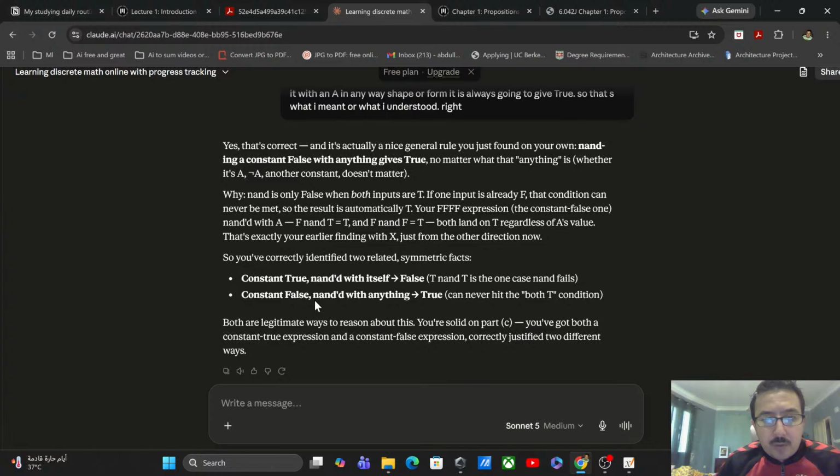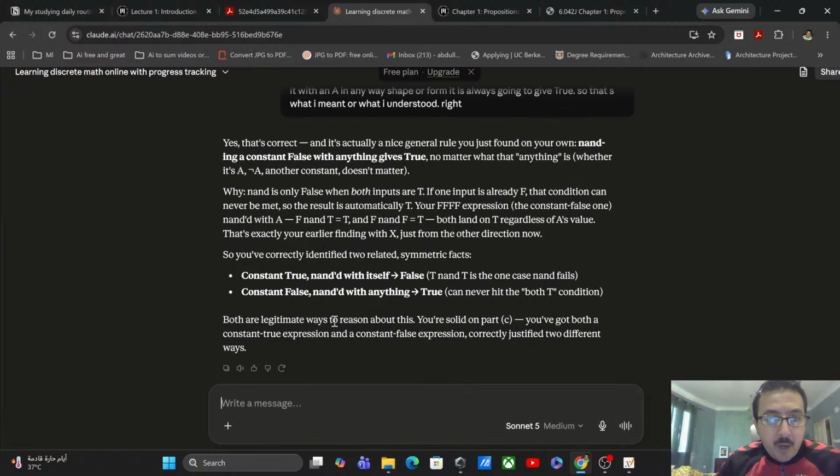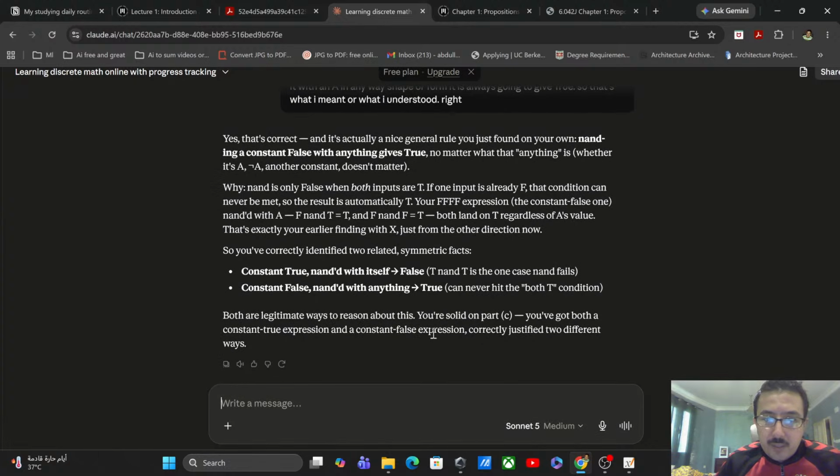Constant false NAND with anything equals true, and can never hit the both condition. Those are legitimate ways to reason about this. You're solid in part C, you've got constant true.